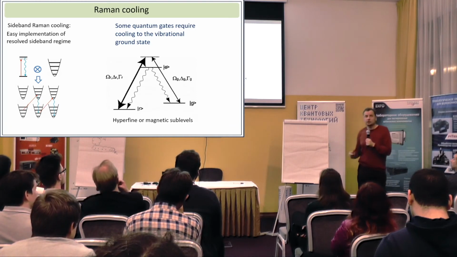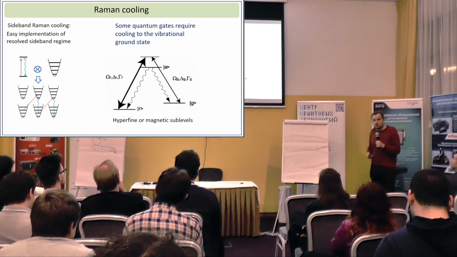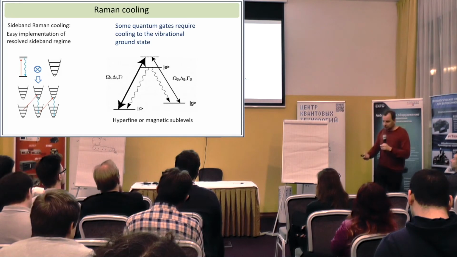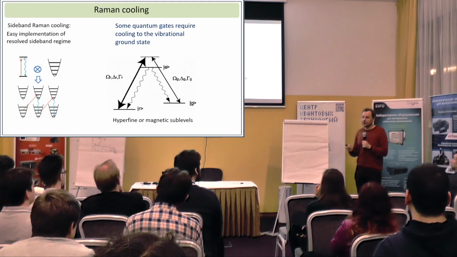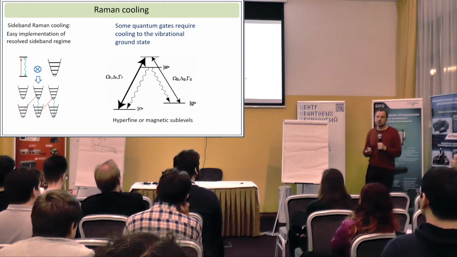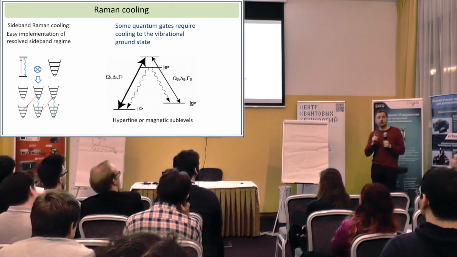So this works very well, and people already use it as a turnkey system. So you trap ions, you switch on the laser, and in fractions of seconds you have a ground state cooled ion if you neglect heating mechanisms.